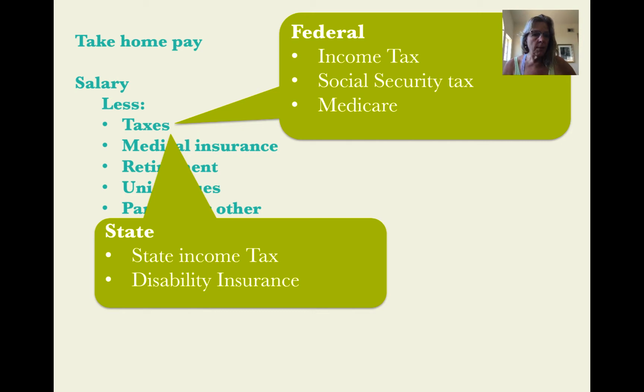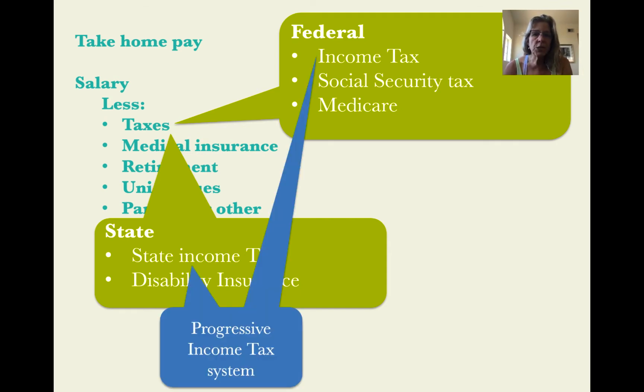The state I'm going to consider is California, so we'll talk about the California deductions. Both income tax for federal and state purposes are what we call a progressive income tax system, and I'll go over what that means. This is as opposed to a flat tax where everybody gets taxed the same amount. Progressive means the more you make, the more that you will be taxed.